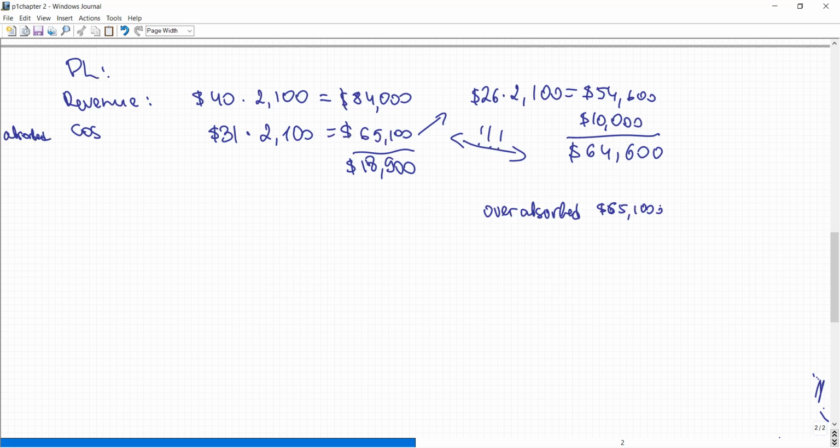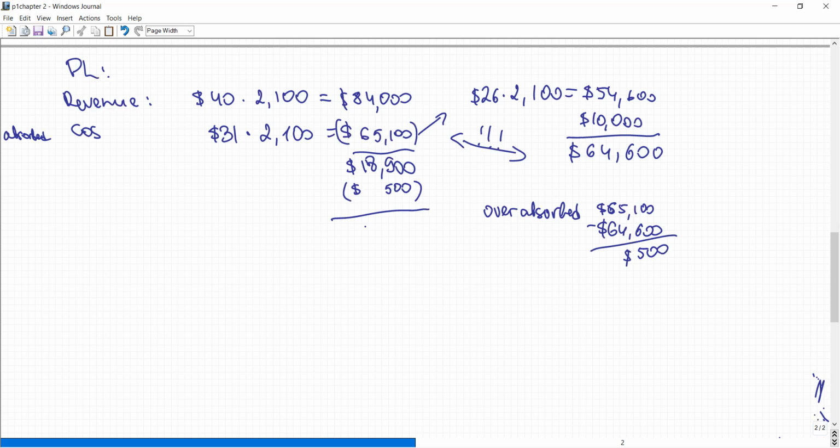65,100 less the amount that we actually paid, and that is going to give us 500. So 500 is the amount that is over absorbed. So to arrive at actual profit and loss, we would need to actually subtract that.